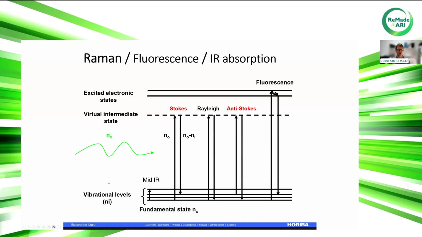On this diagram we also see the comparison with infrared absorption, where we have a broadband source of light and we directly monitor which light is absorbed by the sample. These two techniques, Raman spectroscopy and infrared absorption, are complementary, because not all vibrations will be active in Raman and vice versa. So usually they complement each other.